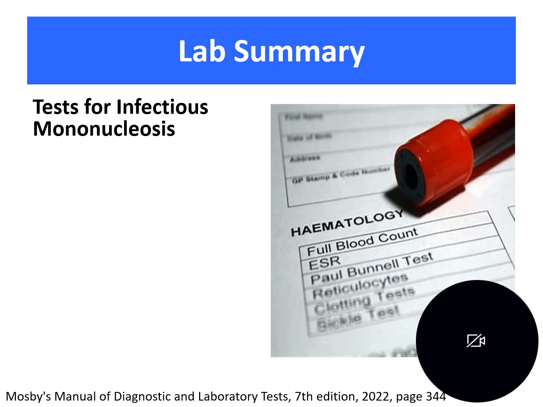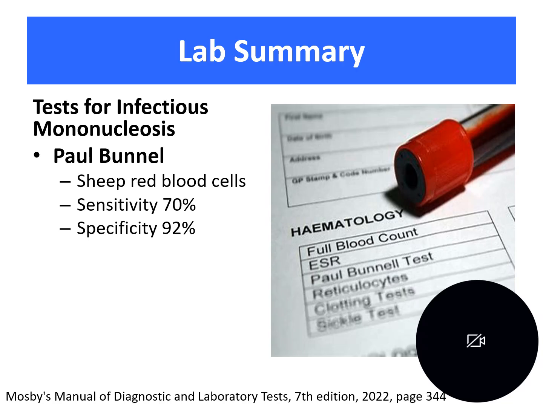Then we talked about tests for infectious mononucleosis. There are actually two tests, and the older of the two is the Paul Bunnell test. And remember, and this is the fourth time I am mentioning this, the Paul Bunnell test is a heterophile antibody test.